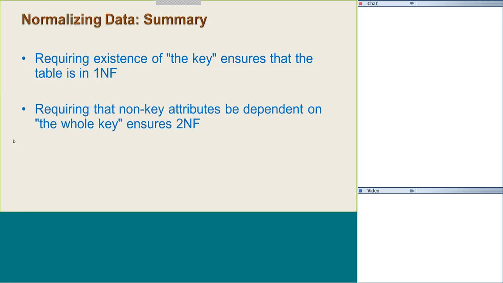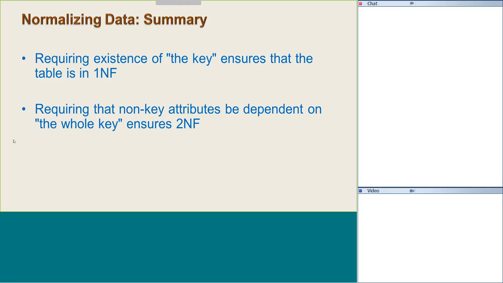Requiring that the non-key attributes be dependent on the whole key ensures second normal form, i.e. all your fields that are not part of the key must be dependent on the whole key and not just on part of the key.